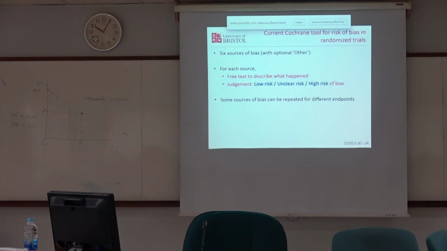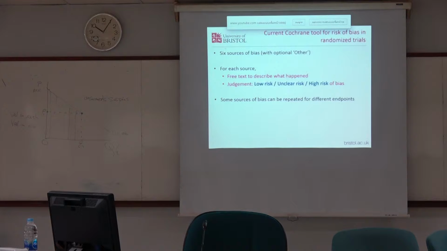So the current tool includes 6 sources of bias that are assessed by default, with an optional other bias domain where people can raise some other issues that they have concerns about. For each source, users have to provide some free text to describe what actually happened in the trial, and then provide a judgment for each of those domains, whether they think that domain is at low risk, unclear risk, or high risk of bias.